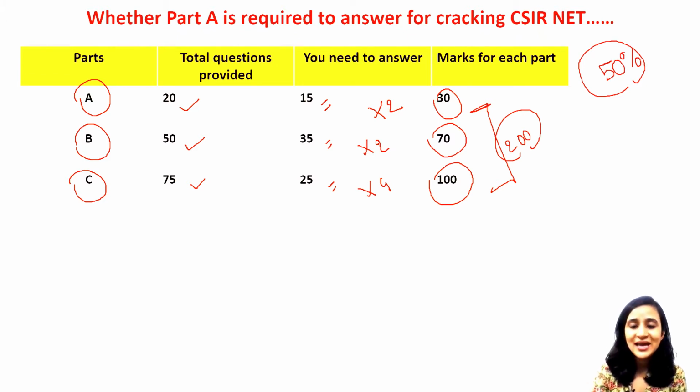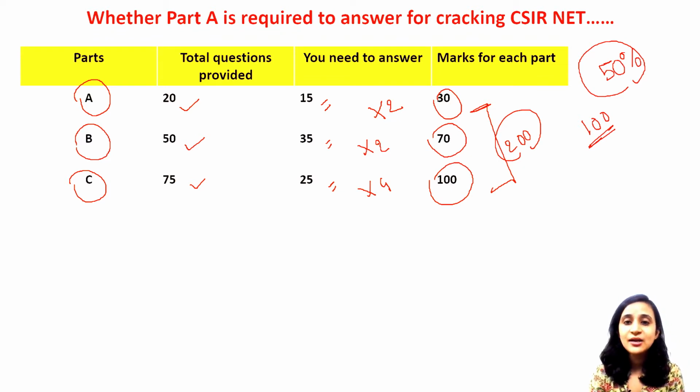You need to get at least 100 because the cutoff is 50%. Among 200 you need to get 100, at least 100 if you are a JRF aspirant and general category student. So let's target 130 here. It's tentative, just a target of 130.